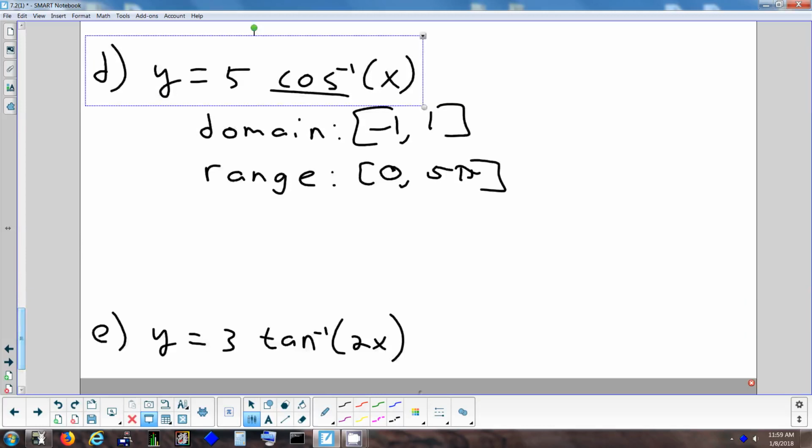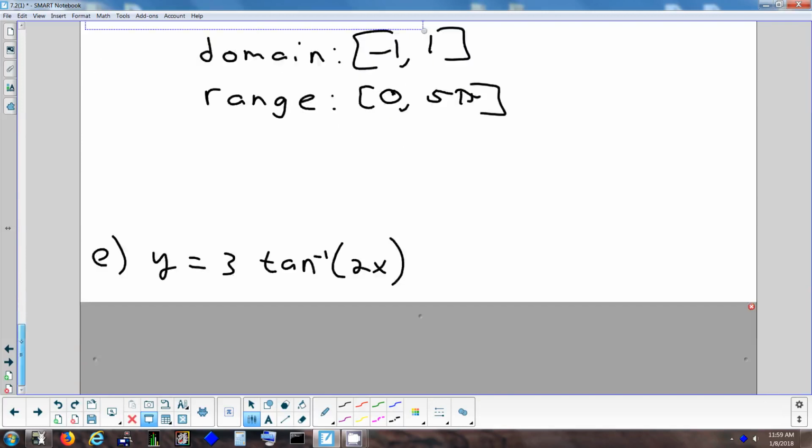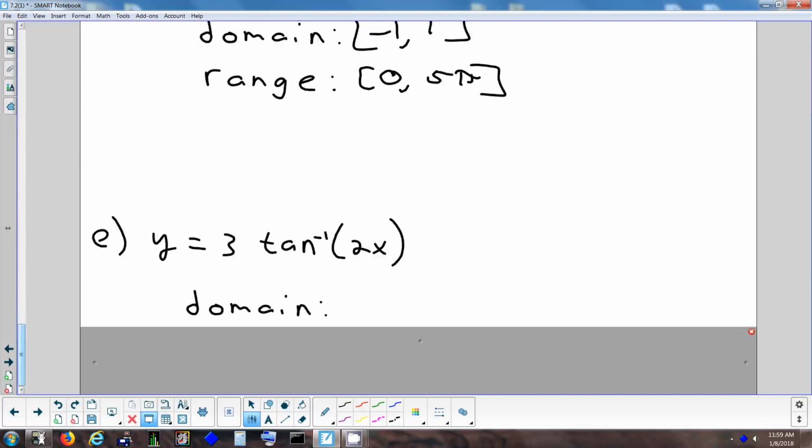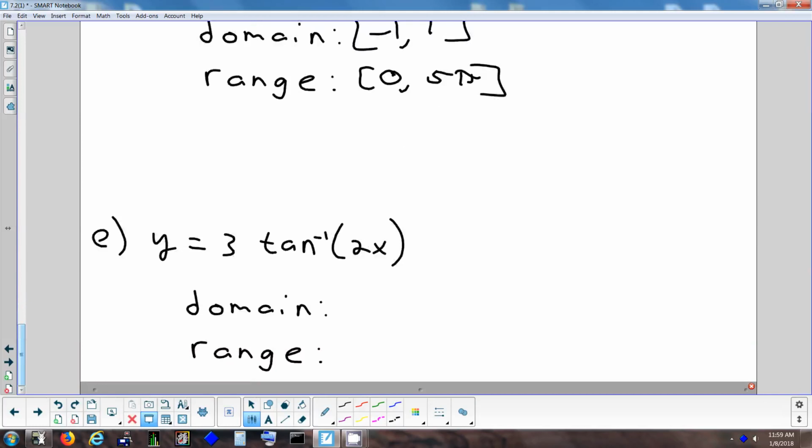Okay, and let's finish up with one with inverse tangent. Okay, what's the 2? Start with that. What's that doing? Stretching which way? Horizontal.